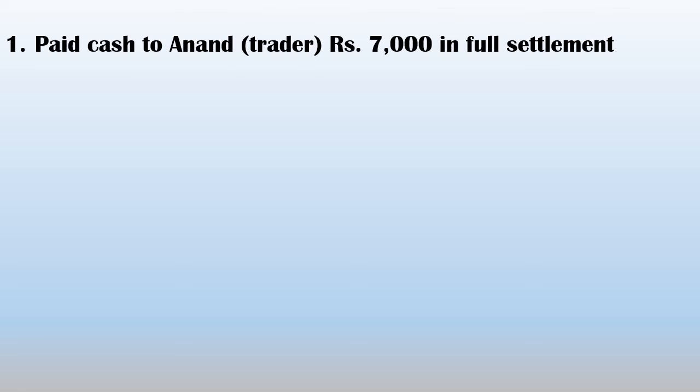So for 8,000 Anand had sold to Gopal, but here he is receiving 7,000. And if you watched carefully, you will note that there was a return of rupees 800. So let us see what the journal entry for the discount is.